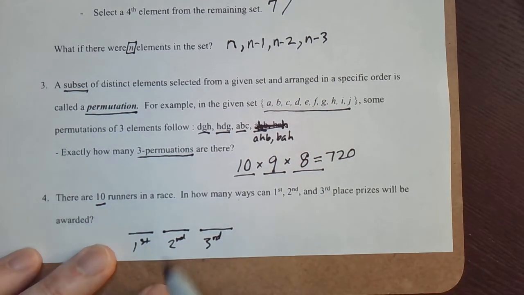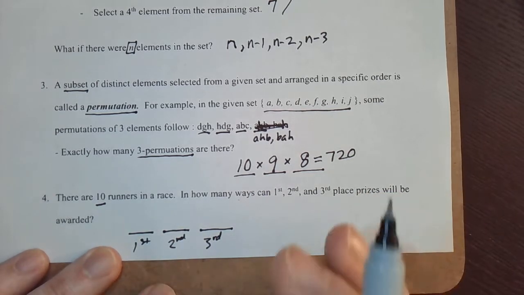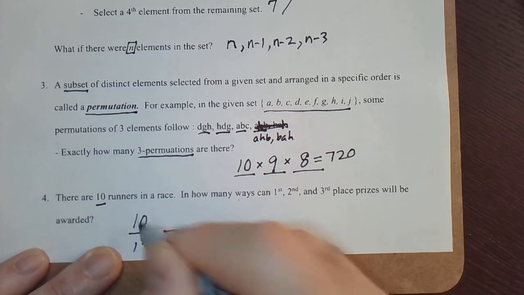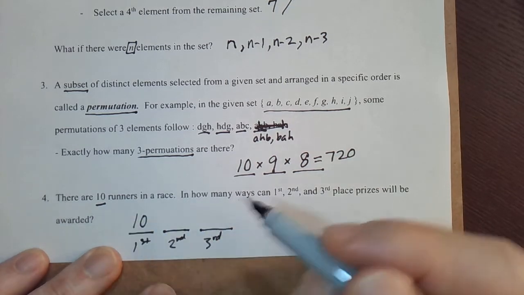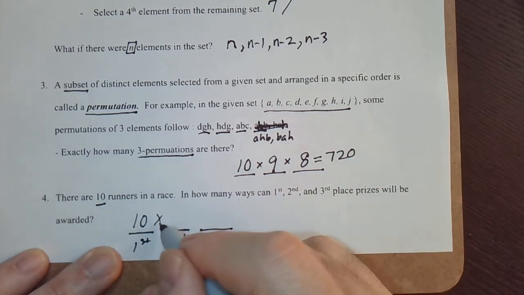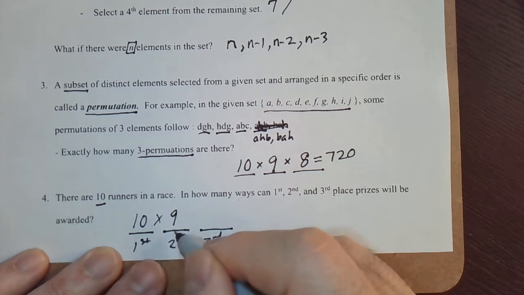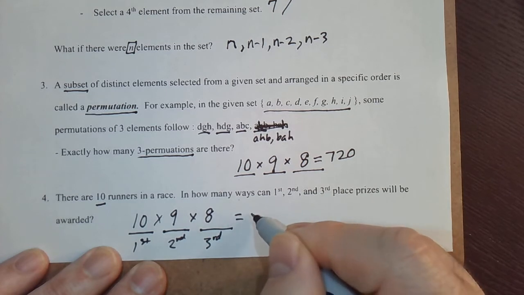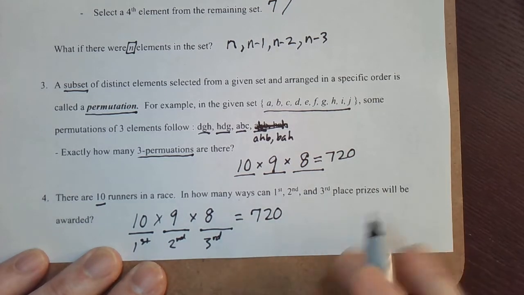Out of the 10 runners, how many of them could possibly come in first? Well, any one of them. 10. And then after that person crosses the finish line, you've got 9 possibilities for second, and you've got 8 for third, and once again, you've got 720 possible ways.